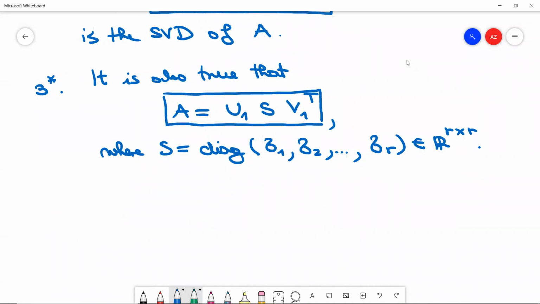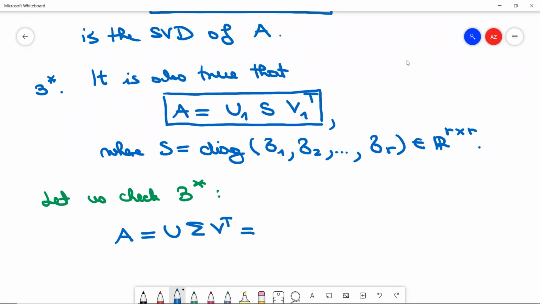Let's check 3 star. By construction, we know that A is equal to U sigma V transpose. Now I will use this block decomposition.